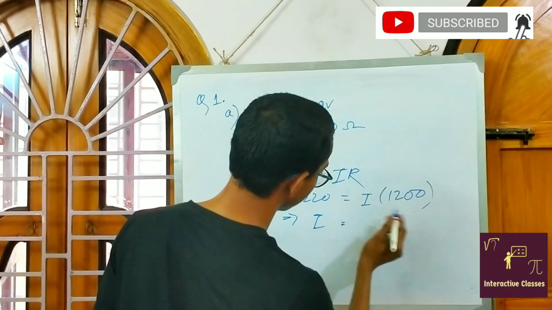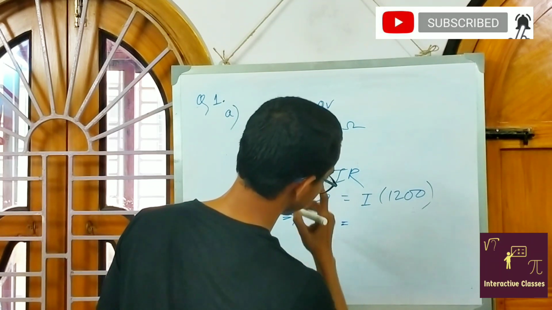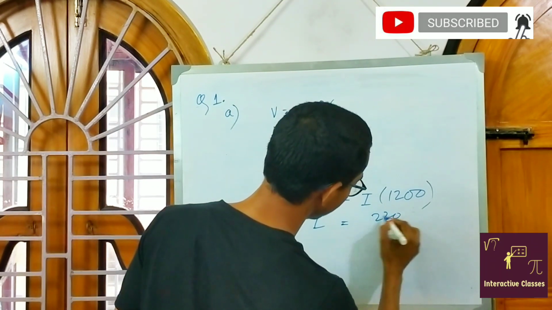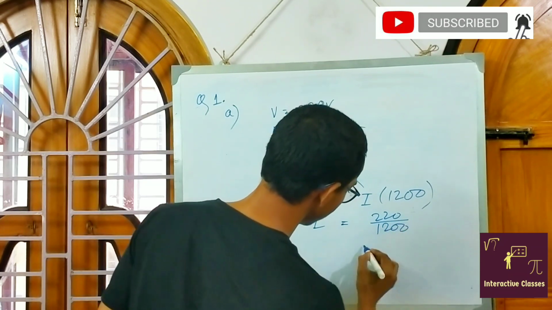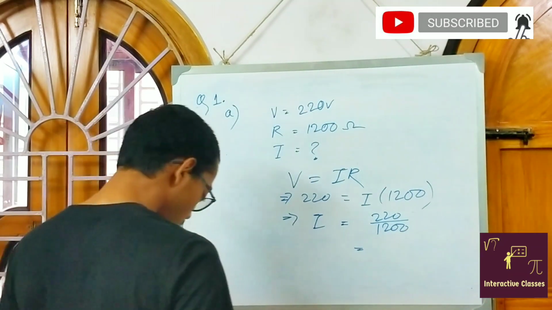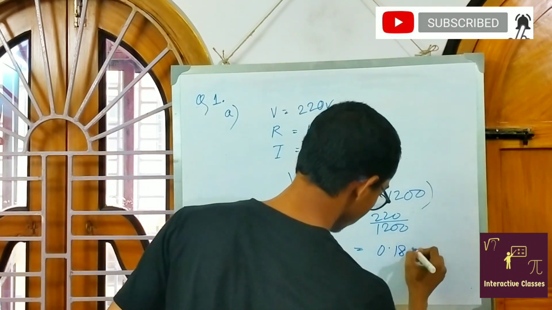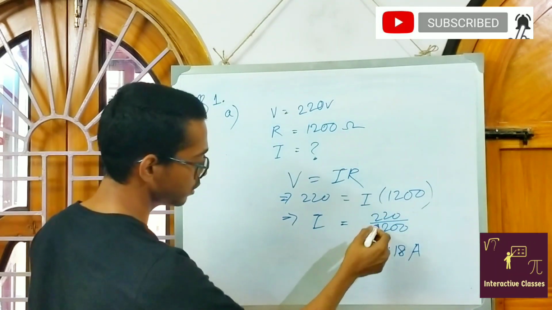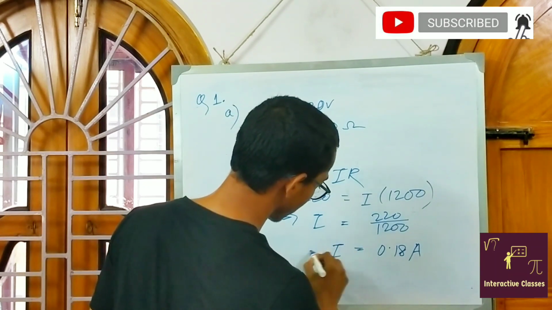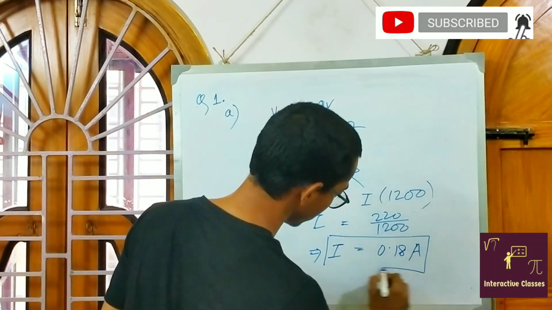If we keep the current on one side, we get 220 by 1200, that is basically 0.18 ampere. We just divide 220 by 1200, and you get the current as 0.18 ampere.